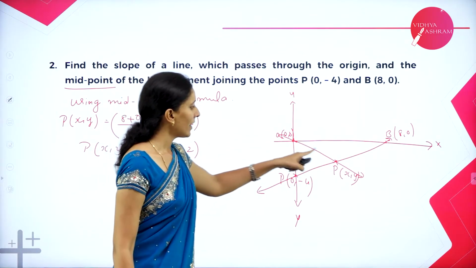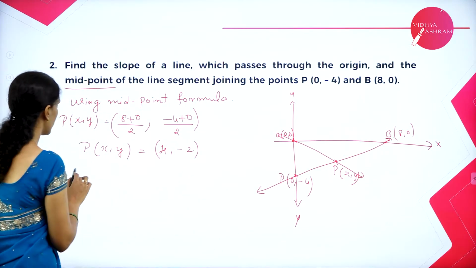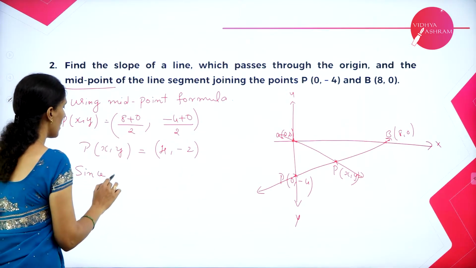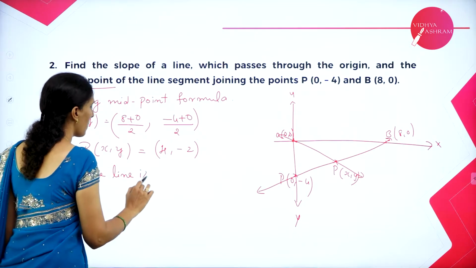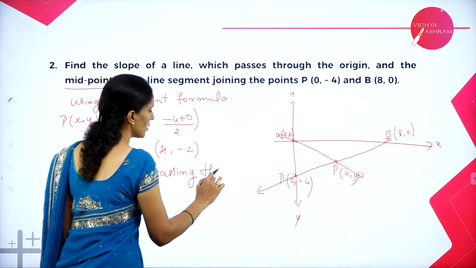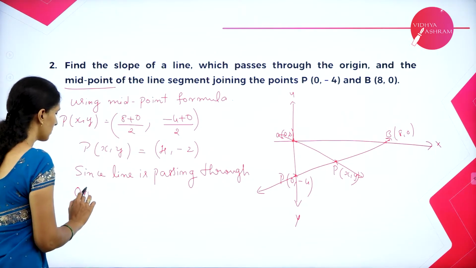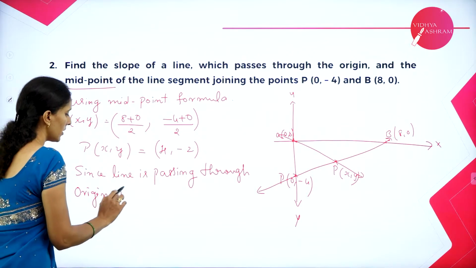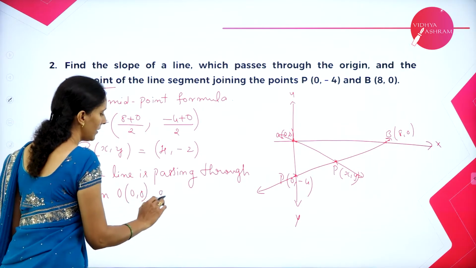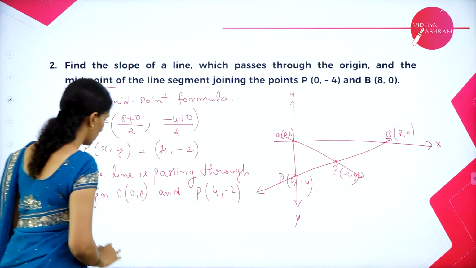Now the line is passing through the origin 0, 0 and point P, that is 4, minus 2.